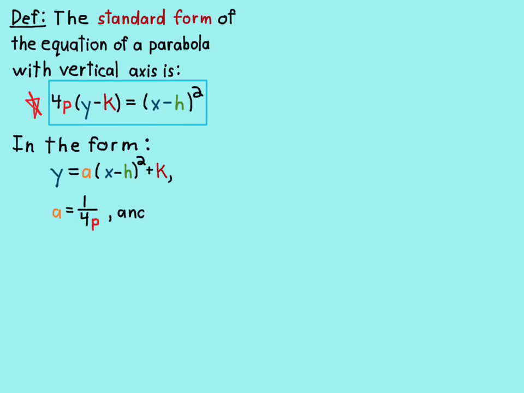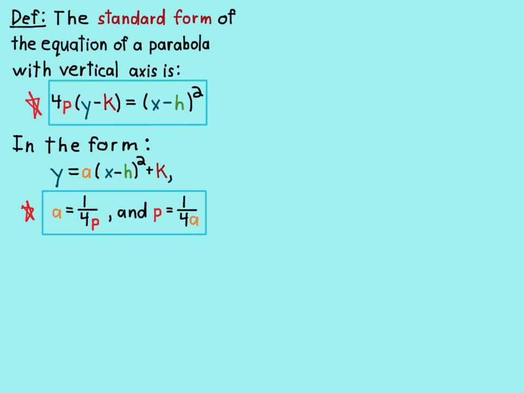So the form we saw before was y equals a times the quantity x minus h squared plus k. And this has just been rewritten. But in this formula, the a is the same as 1 over 4p.